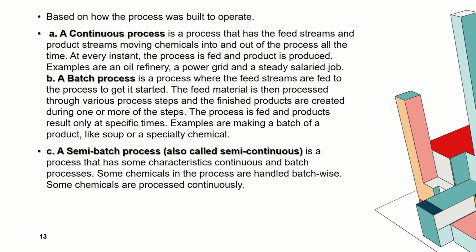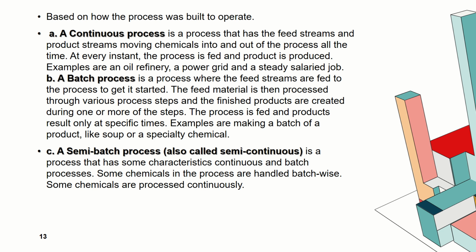B, a batch process. This is classified based on where the feed streams are fed to the process to get it started. The feed material is then processed through various process steps, and the finished products are created during one or more of the steps.